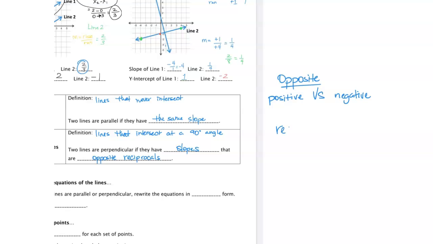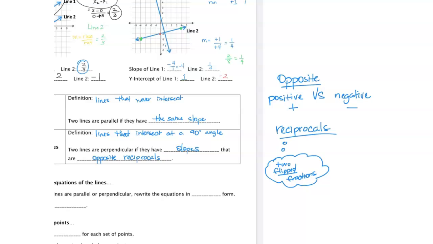For reciprocals, think two flipped fractions. So for opposites, think positive versus negative. For reciprocals, think two flipped fractions.